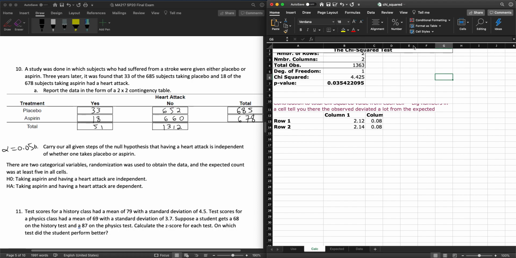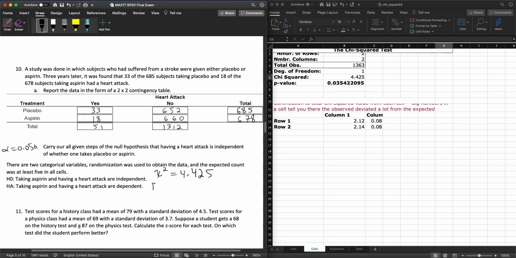So the chi-squared test statistic is 4.425, and likewise the p-value we're given here is 0.0354, rounded to 4 decimal points.